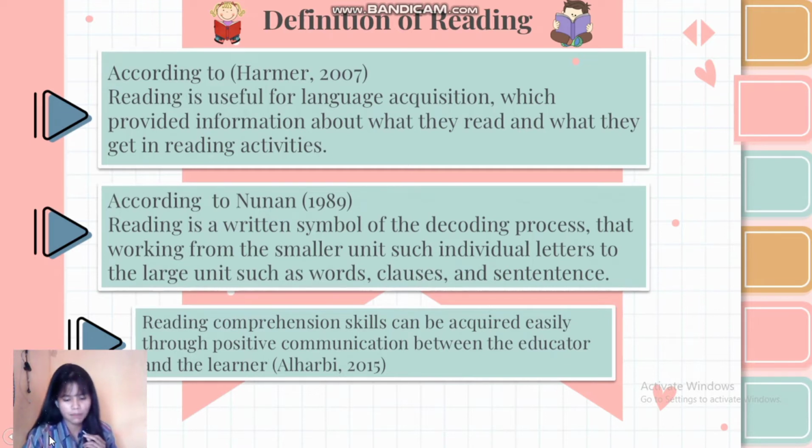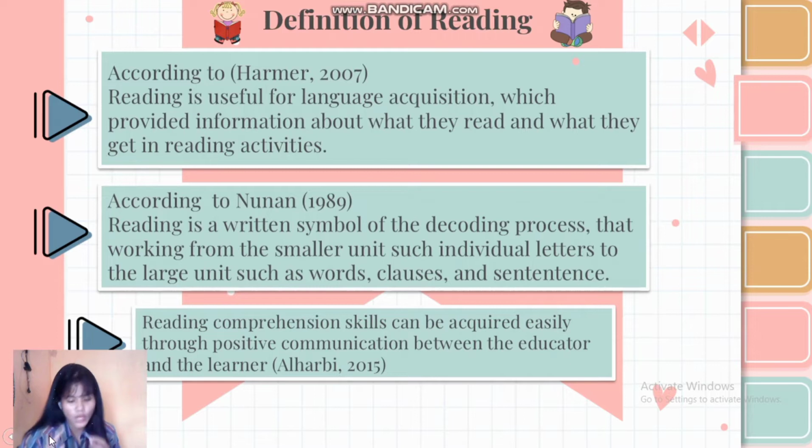So in this case, the teacher has a very important role in teaching reading to young learners, so the learners are able to understand the material that has been given by the educators.